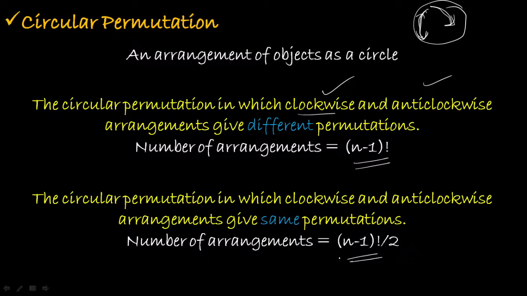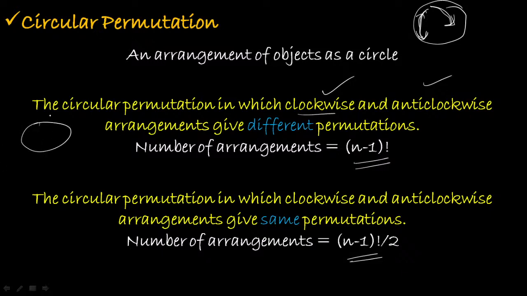I will explain this by giving you a very simple example. For the circular permutation in which clockwise and anti-clockwise arrangements give different permutations, let me take the seating arrangement of persons around a table.